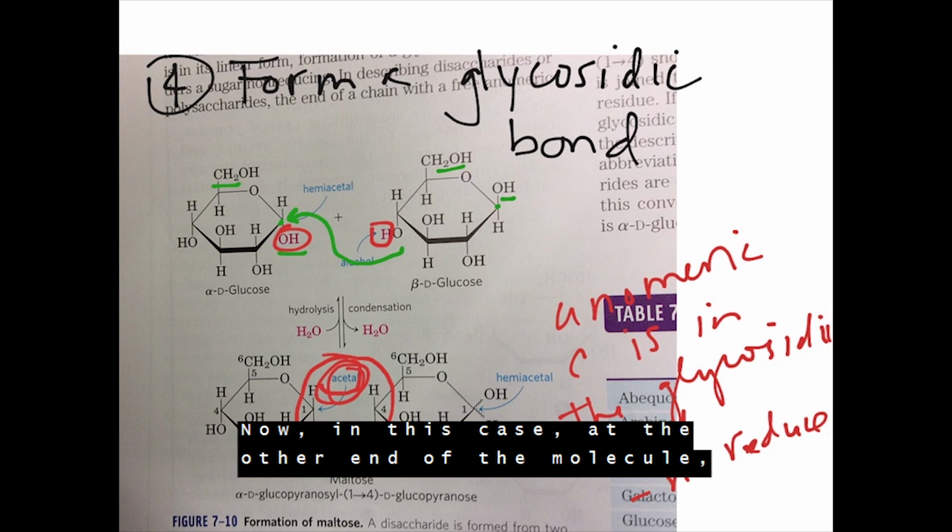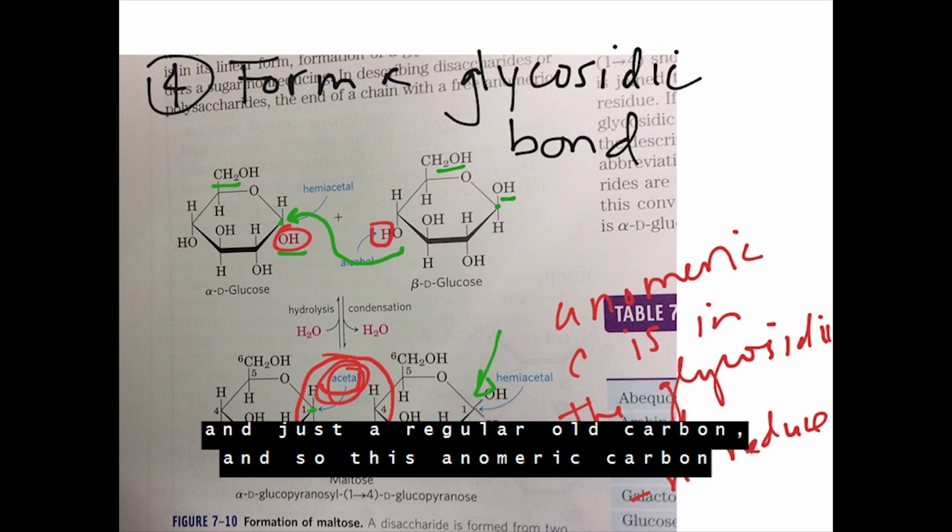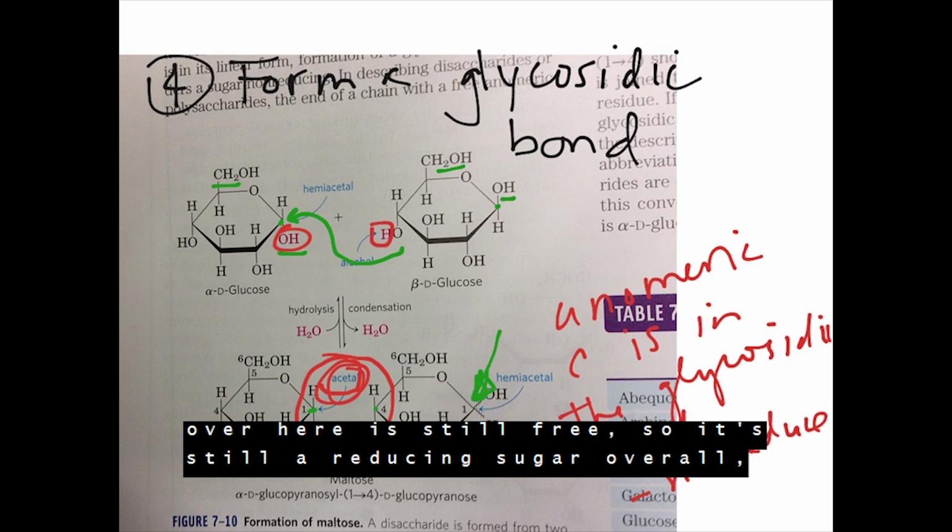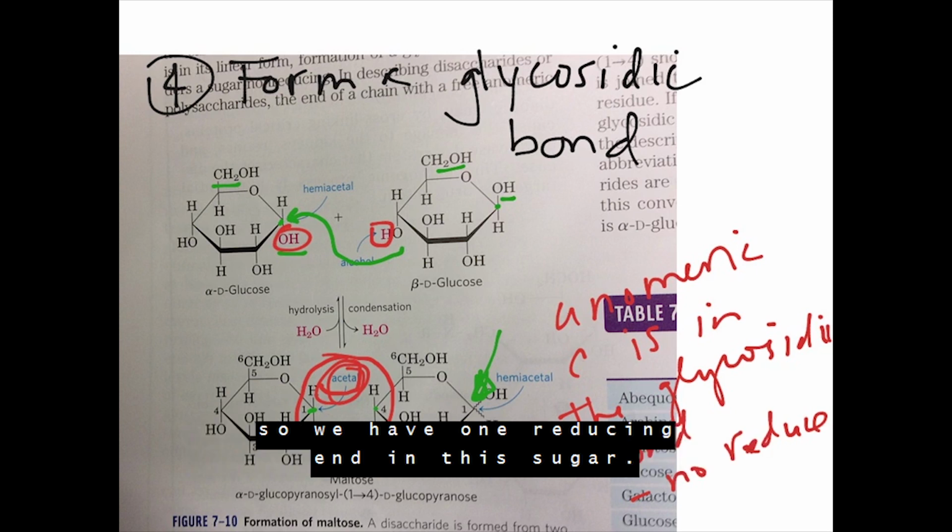Now, in this case, at the other end of the molecule, here we still have a free anomeric carbon. So the bond here was formed between an anomeric carbon and just a regular old carbon. And so this anomeric carbon over here is still free, so it's still a reducing sugar overall. So we have one reducing end in this sugar.